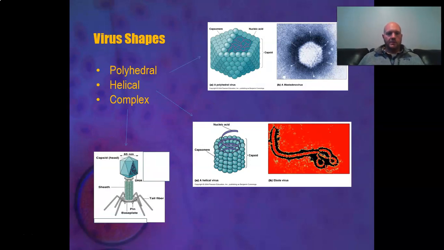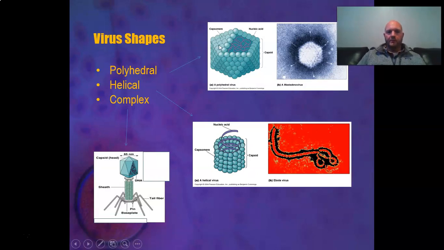Most of the viruses you see are in this range: polyhedral or helical or complex. This one right here is the sweet, sweet Ebola virus, in case you can't read what that says.